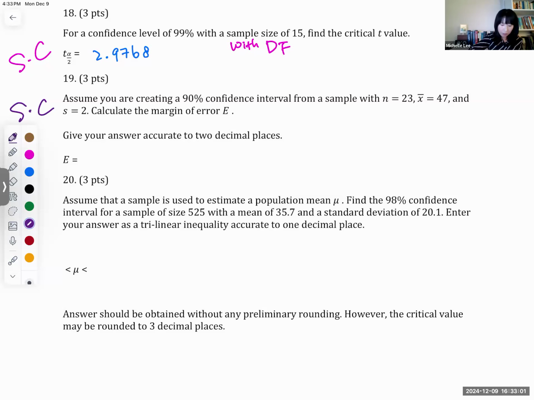So if they give us X bar, that's the keyword we're using the T stats instead of a proportion stat, right? So we have to recognize that, and the margin of error there. So let's do it. T stats.